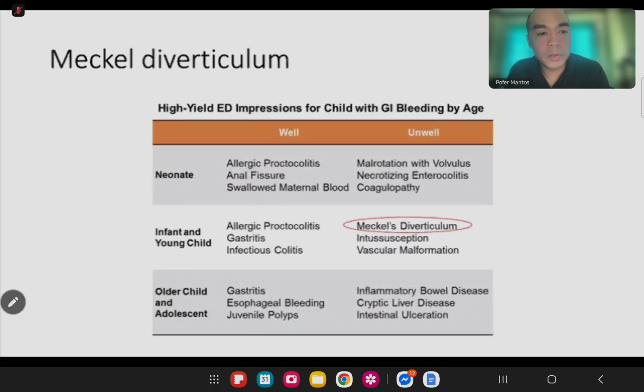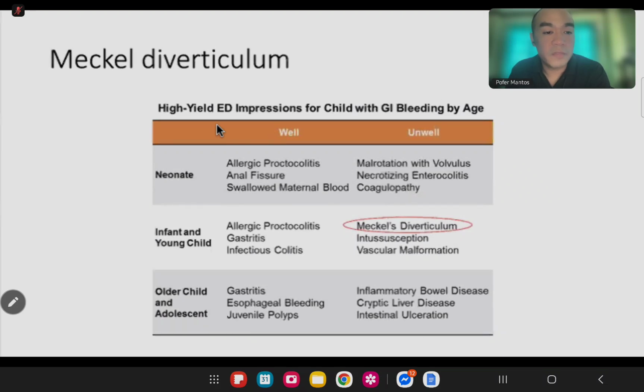So these are just the differential diagnosis for children with GI bleeding, depending on their symptoms. For unwell babies, you definitely have to consider Meckel's diverticulum, for those young children.